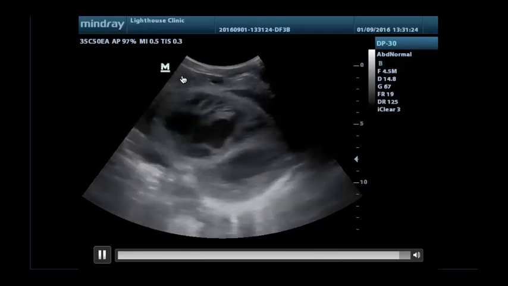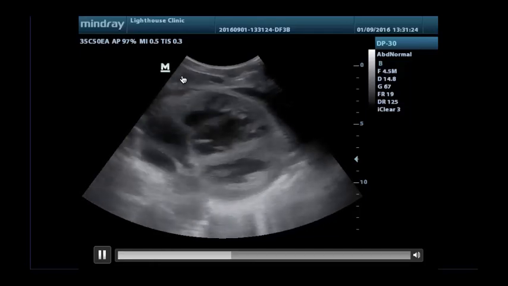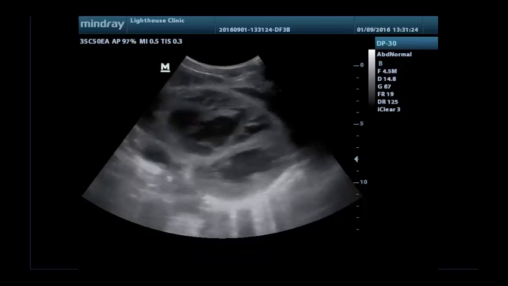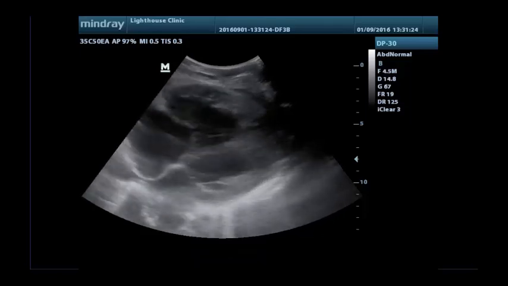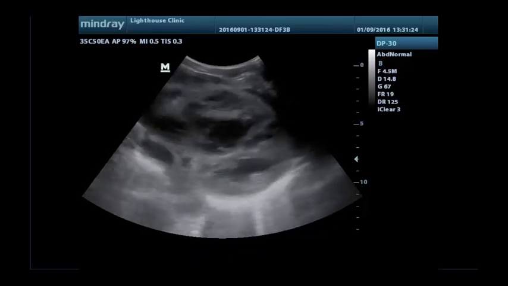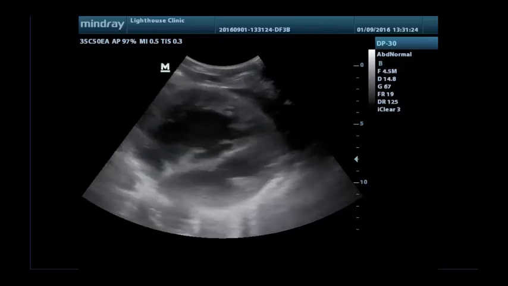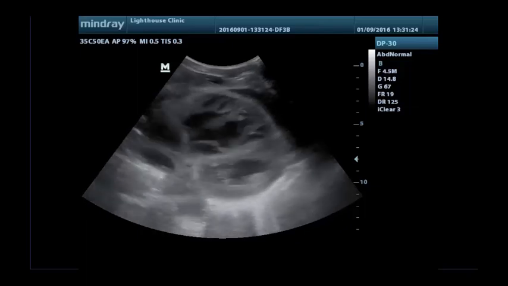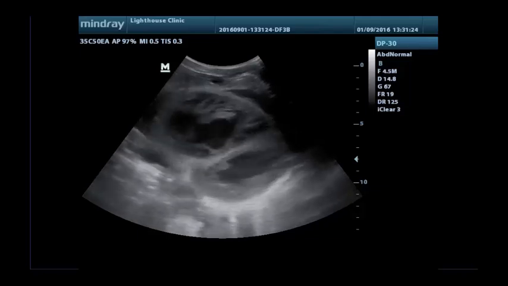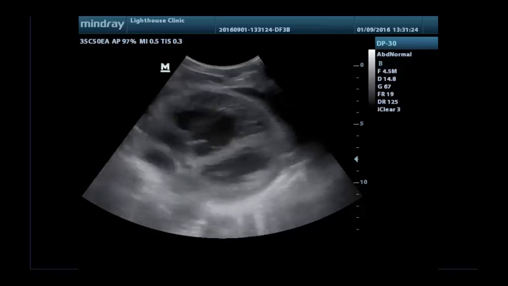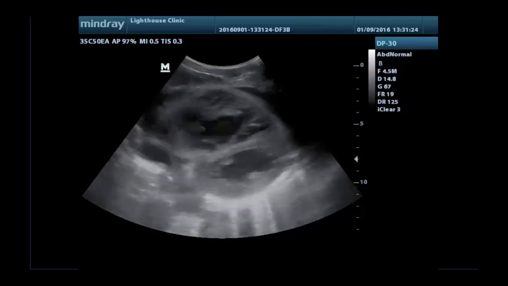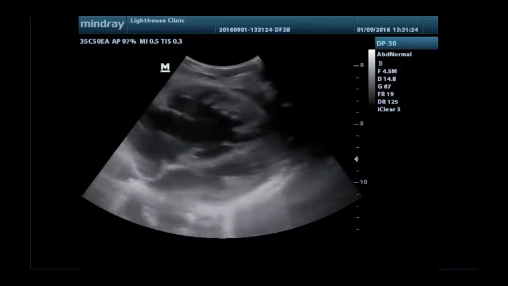So this is simply a case of cor pulmonale, and the reason for that is to be determined. Cor pulmonale can have multiple reasons. It can be a pre-existing lung disease, long-standing tuberculosis, for example, can destroy the lungs and thereby reduce the vascular bed.